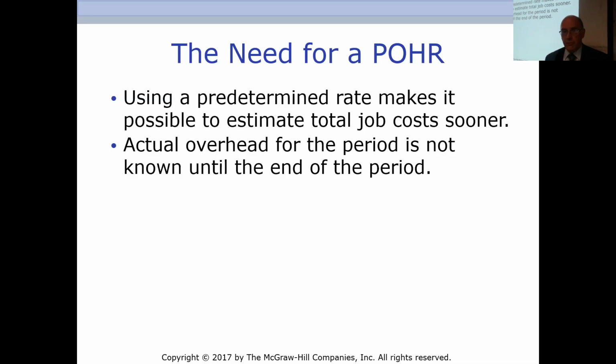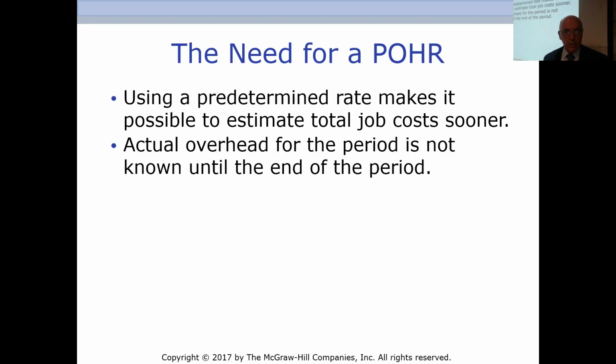And then if they were different, they always are, you have to ask yourself the question, why were they different? Figure out why your estimate was off, and then fine-tune it a little bit so that this year the estimate's going to be closer. So that's part of the control function of planning and control. Planning would be figuring out what this predetermined overhead rate would be. Control would be looking back to see how close the estimate came.